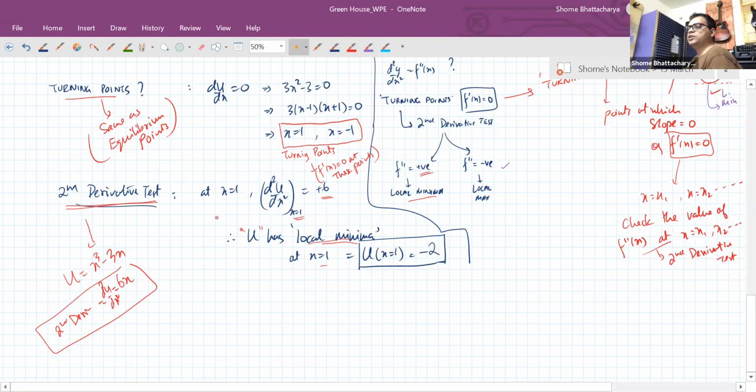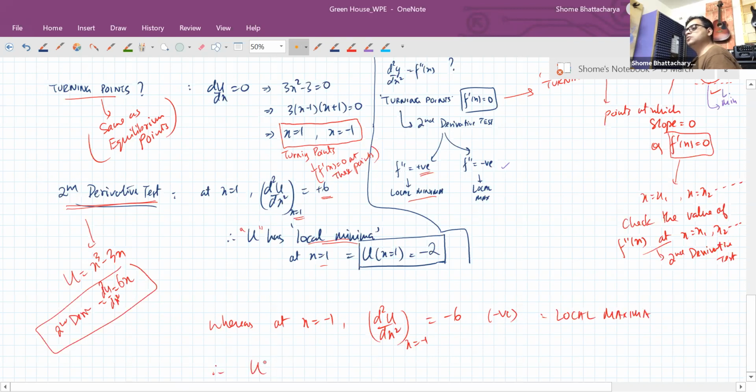Whereas the second point that I have, at x equal to minus 1, the value of the second derivative is minus 6, because it's 6 into minus 1. So it's negative. So that is the condition for local maxima.